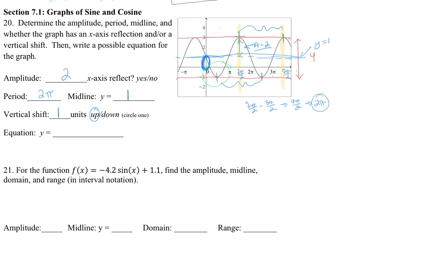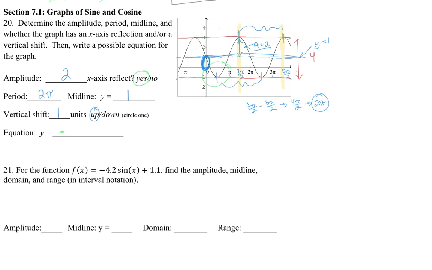So if we're saying that there is an x-axis reflection, now let's write an equation. I mentioned it was a sine graph, and you can essentially come up with it both ways. So we know there's an x-axis reflection, and we know there's an amplitude of 2.